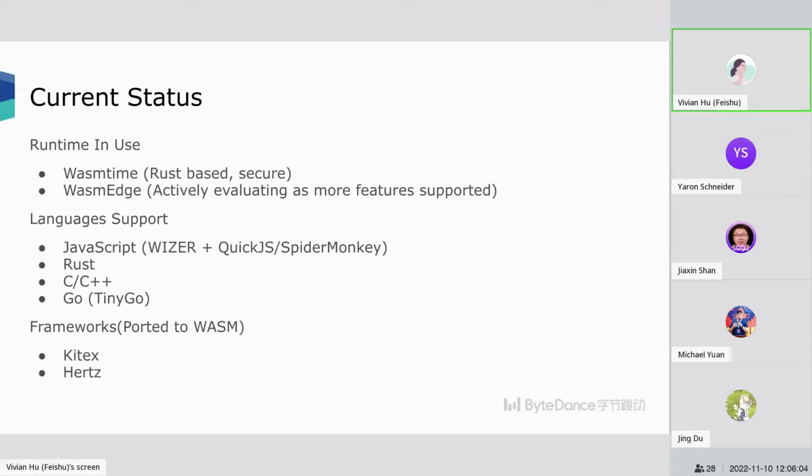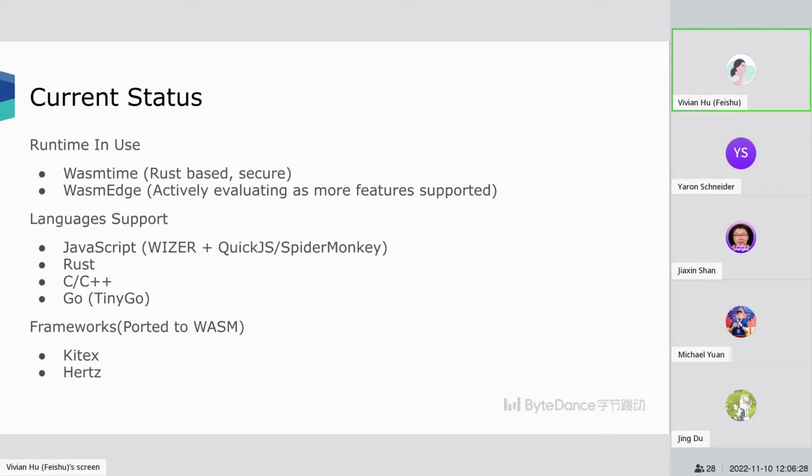And here, the frameworks that we ported to WebAssembly: internally in Bytedance, we have our RPC framework and also HTTP frameworks. These are the two frameworks we're using internally, and I think it's also available on GitHub. This is the framework we use a lot in our internal microservices.